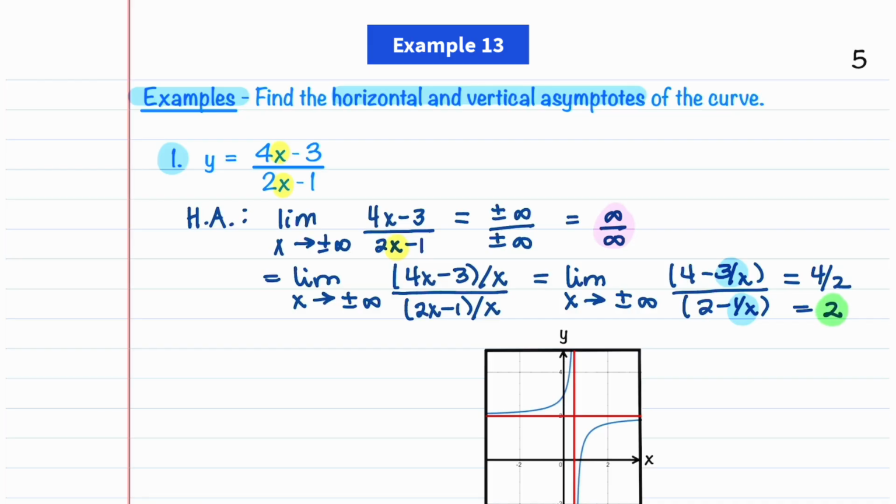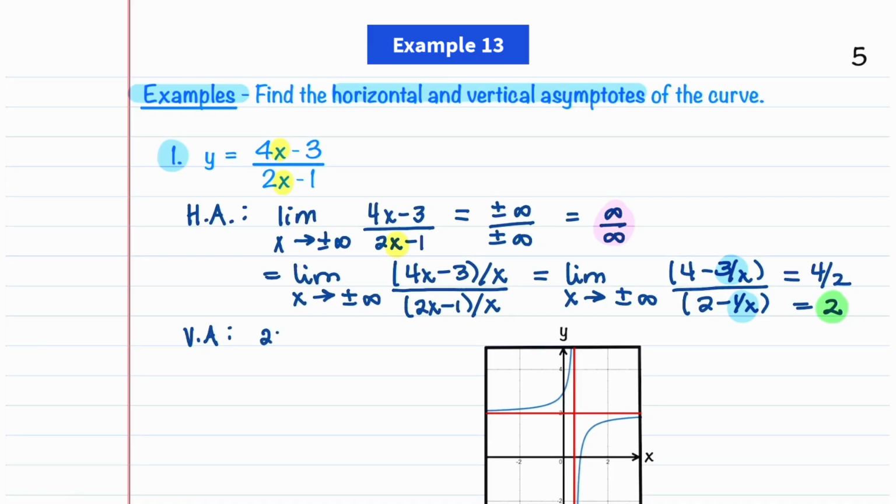And our asymptote is y equals 2. Let's now look at our vertical asymptotes. To find a vertical asymptote, what you have to do is set the denominator equal to 0. Our denominator is 2x minus 1, so we're going to set that equal to 0 and solve for x, and we get x equals 1/2.